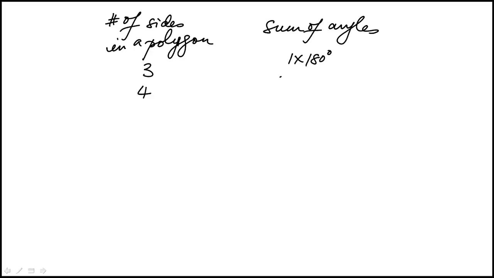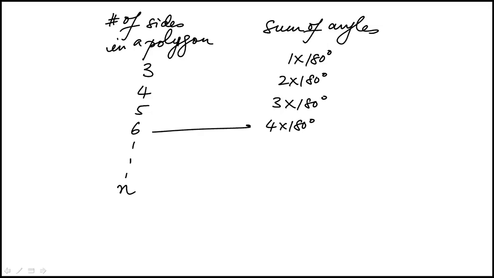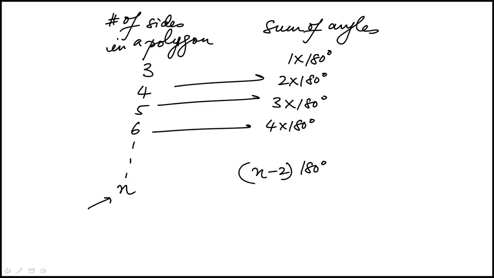If we have 4, quadrilateral, we had 2 triangles. Pentagon, we had 3 triangles. And then hexagon, we had 4 times 180. And if we have n, we see how it's always 2 less. So the general formula is n minus 2 times 180, and this would be for an n-sided polygon.